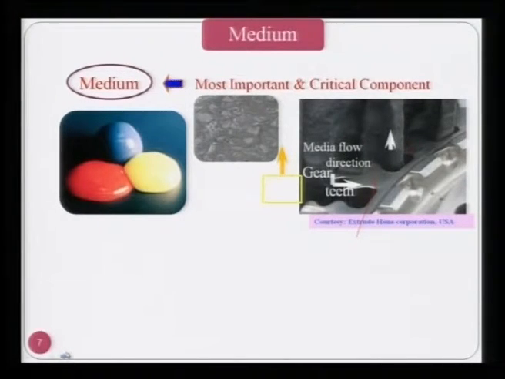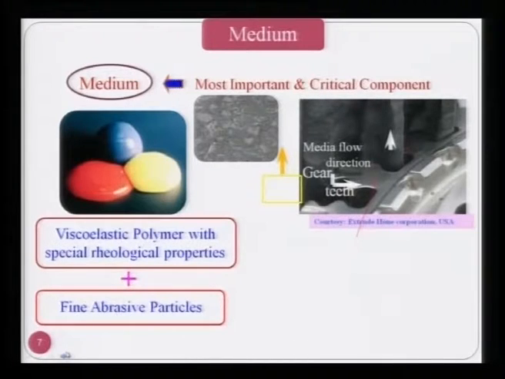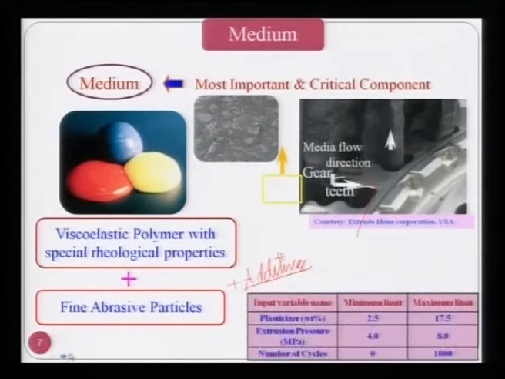You can have it in different colors and they have different rheological properties. Now this medium is a mix consisting of viscoelastic polymer with special rheological properties, and it contains fine abrasive particles plus some additives. These additives also play an important role, which I will explain later on.